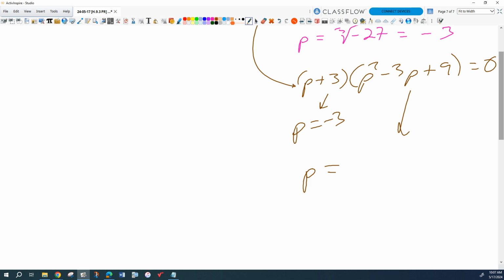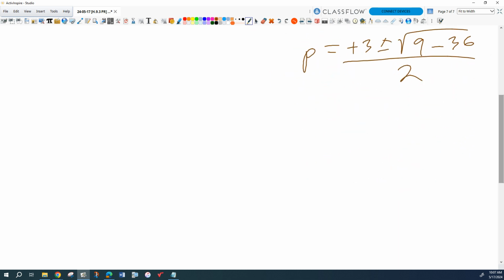You're always getting complex numbers with imaginary parts from the quadratic part of those patterns, right? So we're going to end up getting P equals positive 3 plus or minus square root 9 minus 36 all over 2. And you can see already I'm going to get 3 plus or minus square root of negative 27 over 2.